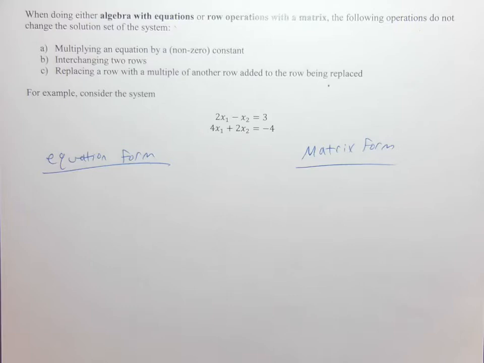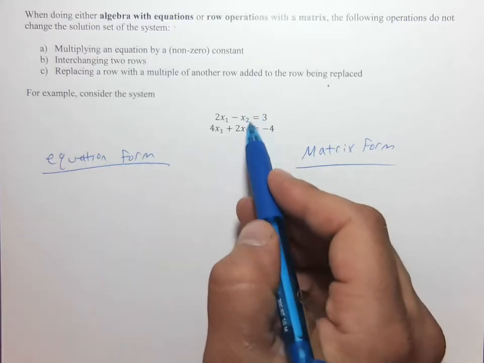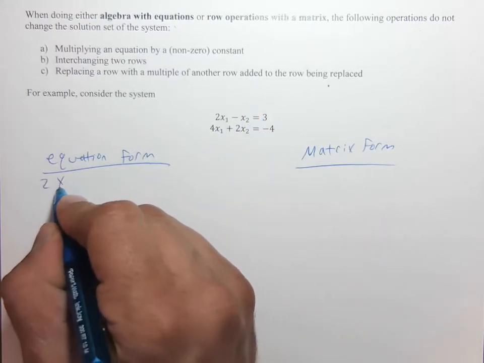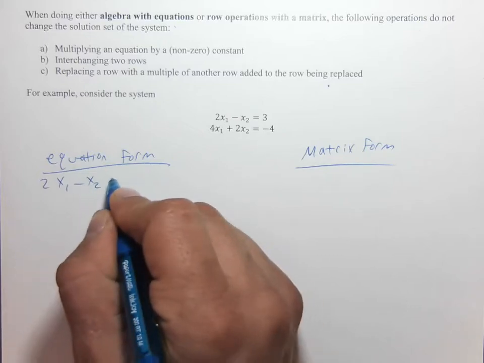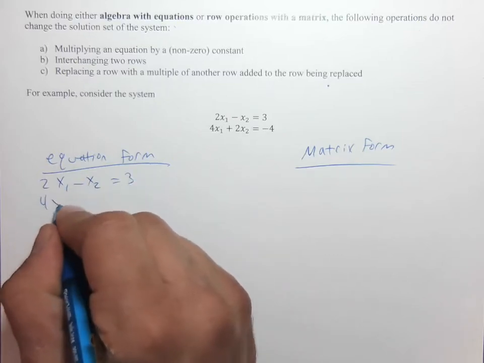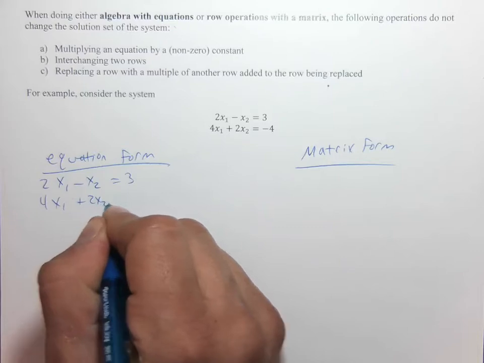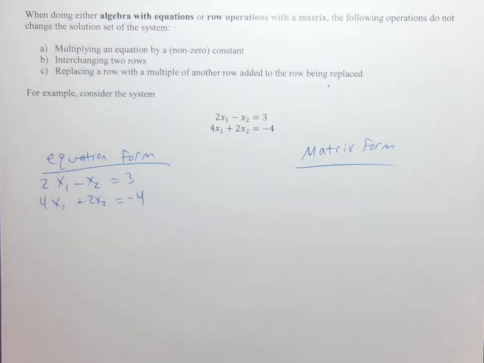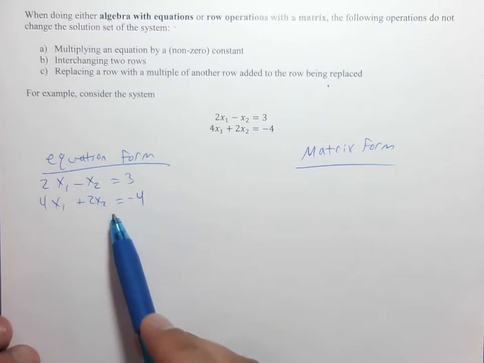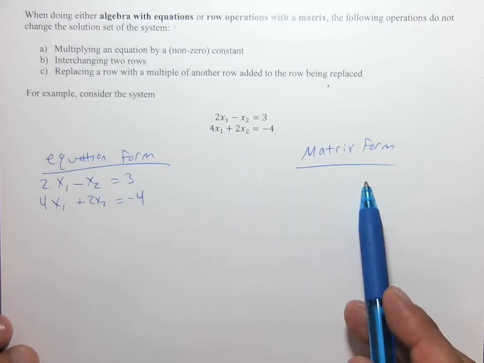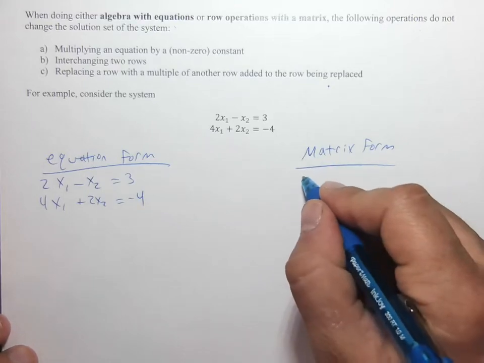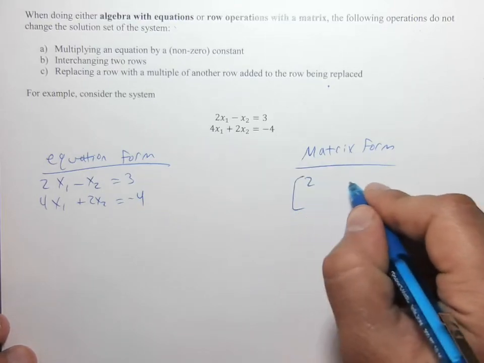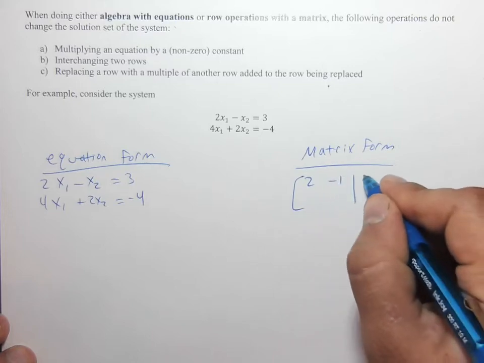So the first thing I'm going to do is write down the equation, rewriting that system. And I'm going to write the exact same equation, but in augmented matrix form. The matrix version of that, like we learned on the last page, would look like this.